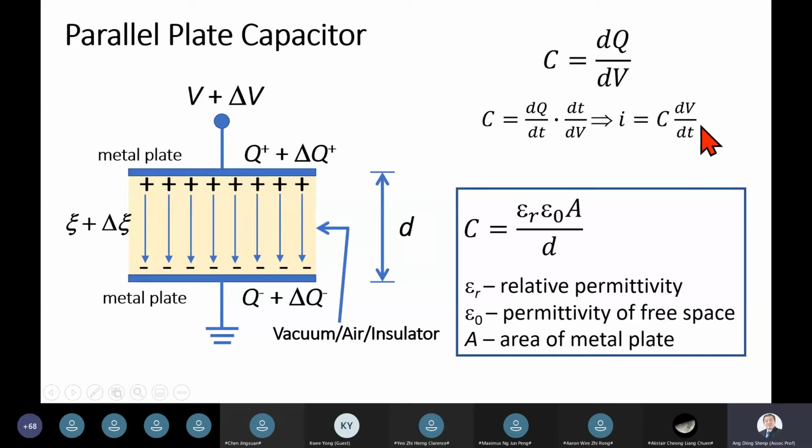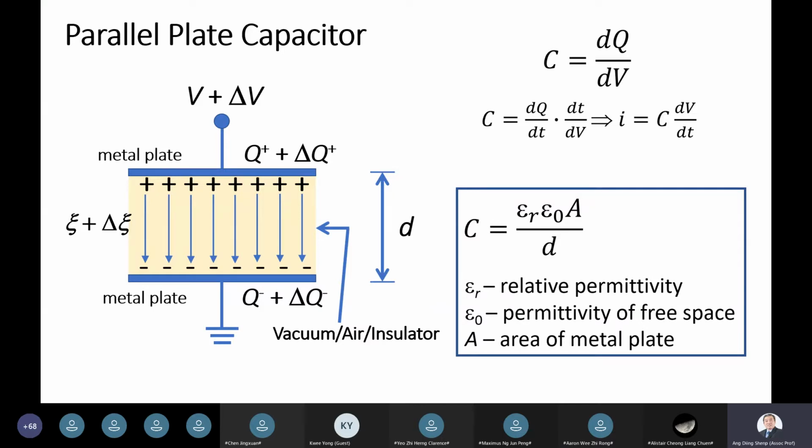If dV dt is infinite, for a given capacitance, your current will be infinite, which is non-physical. So it's important for you to remember that the voltage across the capacitor cannot change immediately.